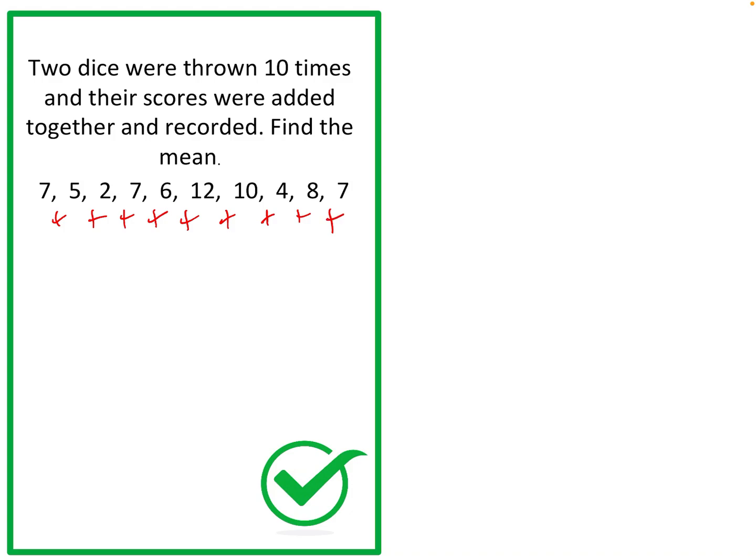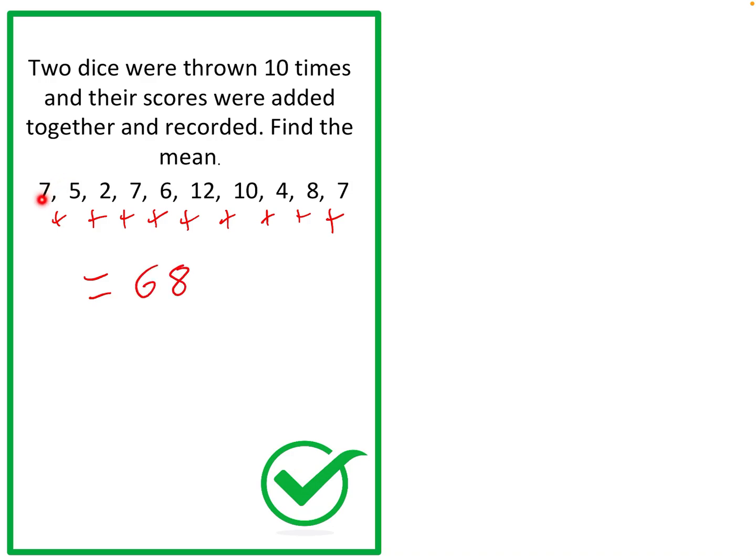So we're going to have 7 plus 5 plus 2 plus 7 plus 6 plus 12 plus 10 plus 4 plus 8 plus 7. And once we've added all of that, that will equal 68.